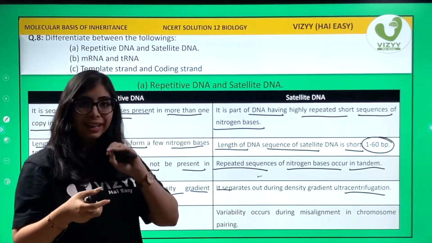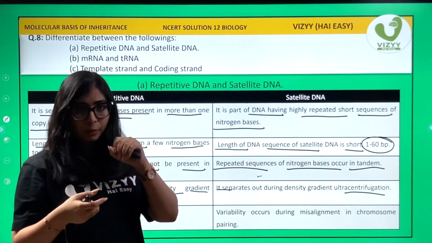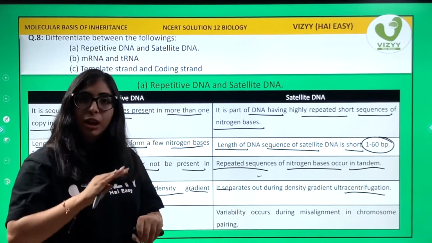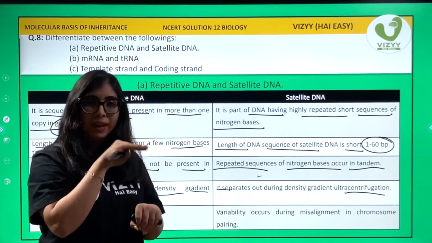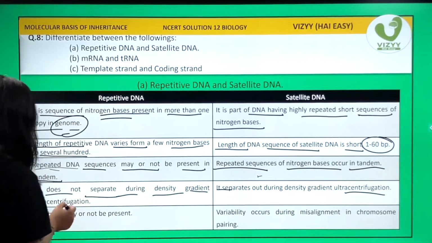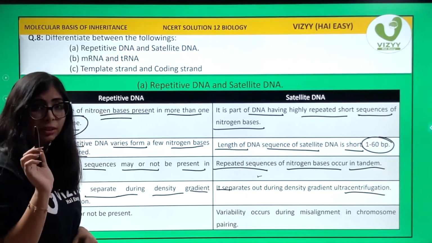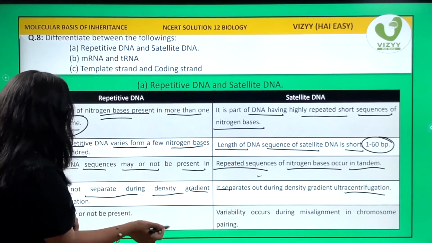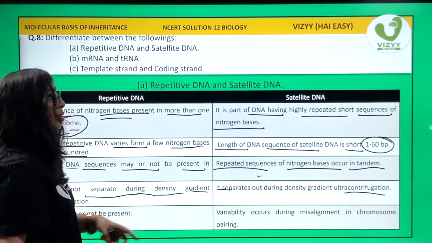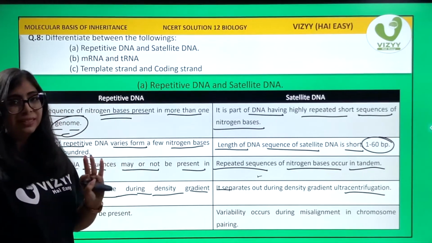So, the highest density gradient molecule will settle down and the lowest one will settle up at the surface. Now, repetitive DNA will not get separated during density gradient, whereas satellite DNA would be separated.